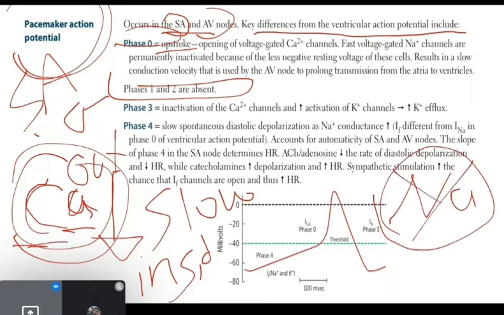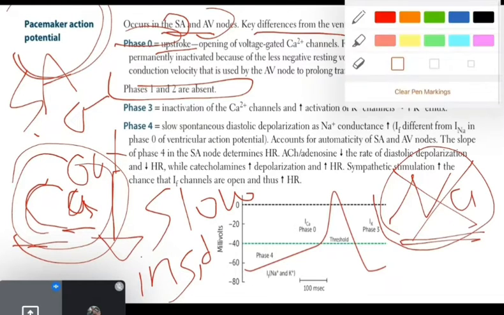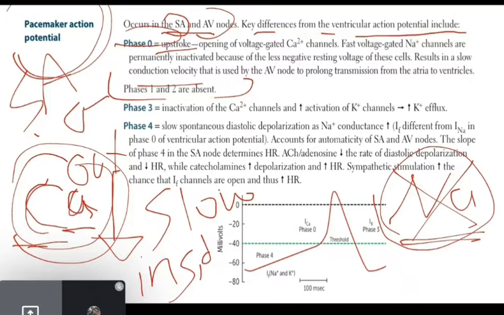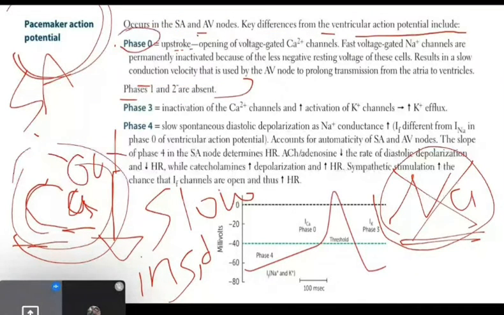So sodium channels are inactivated. Sodium channels are inactivated in the SA and AV node action potential. So as you can see here, in the SA node and AV node, the first phase is the upstroke, which is the opening of the voltage-gated calcium channels.